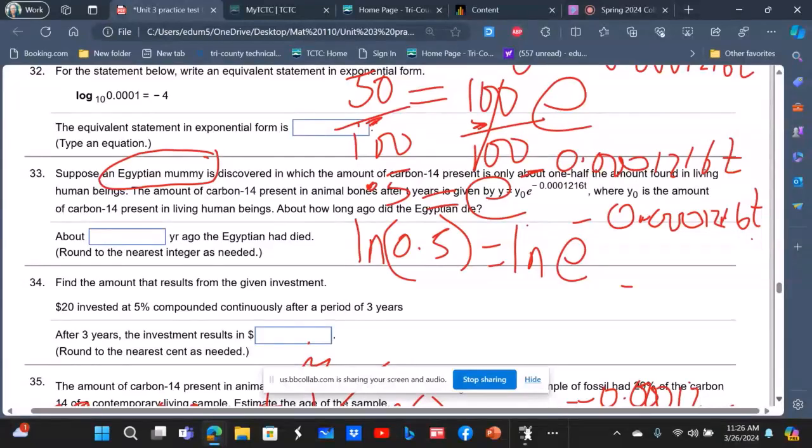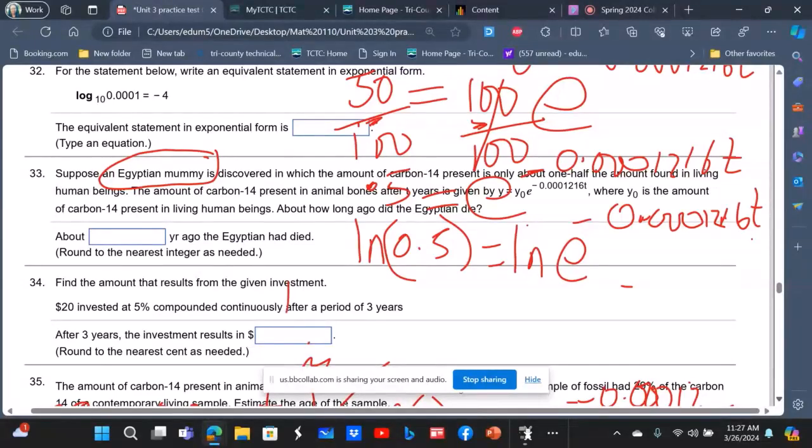T is in the exponent, so we have to do whatever we can to isolate it. One of the laws of logarithms says that the exponent becomes the coefficient.